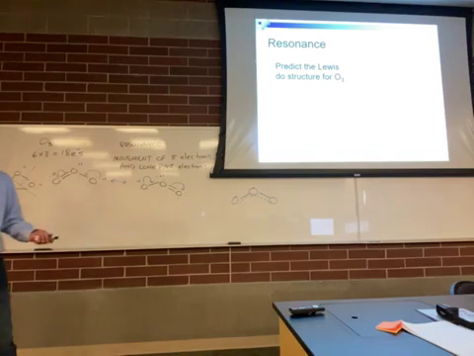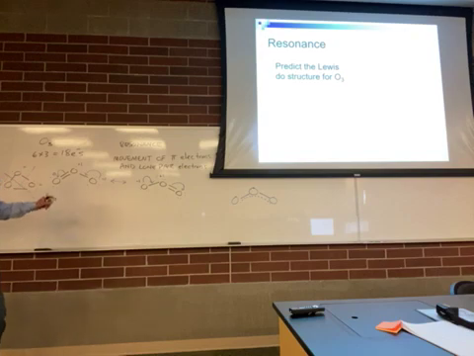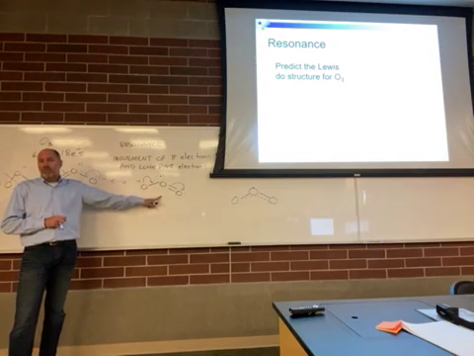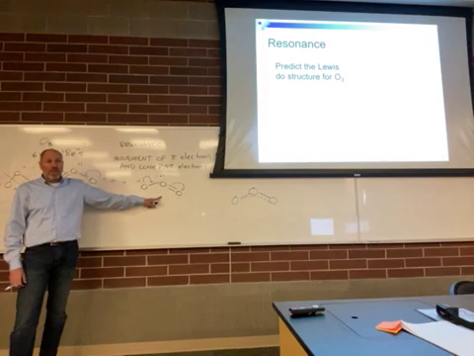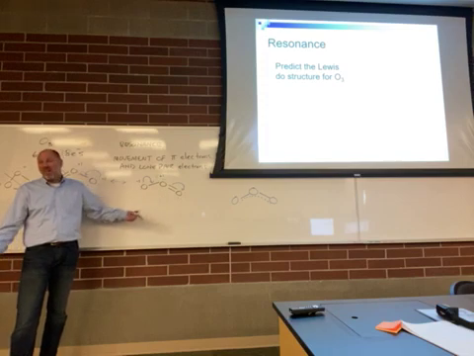And here's the way to think about resonance. If this were yellow and this were blue, you would not see yellow or blue for ozone. You would see green. Okay? It's somewhere in between. And we don't like that, because it's a little unsettling.